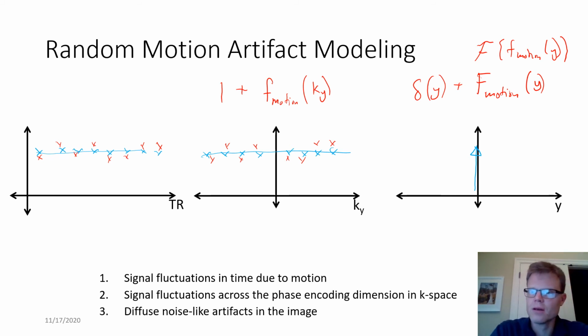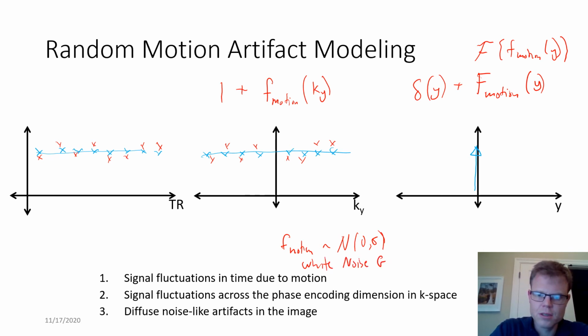One part of Fourier theory you can take is, if f motion is white noise, Gaussian noise, then the Fourier transform is also going to be white Gaussian noise.